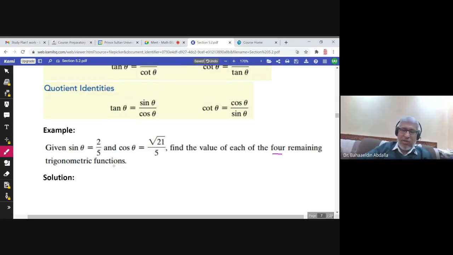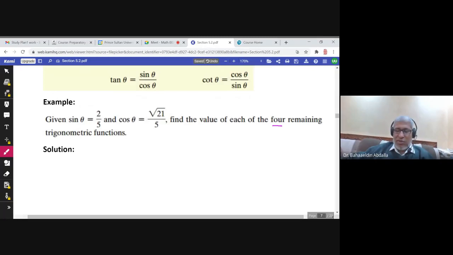We have sine and cosine. We still need to find the other 4 because we have 6 trigonometric functions. I will start by finding cosecant theta, because cosecant theta is the reciprocal of sine. Sine is 2 over 5, so cosecant is 5 over 2.